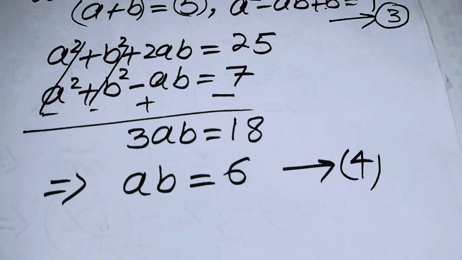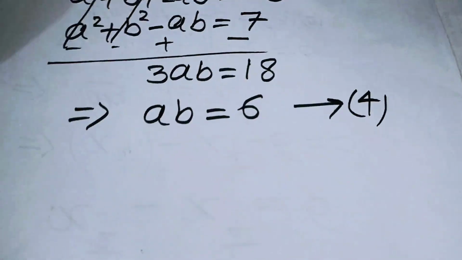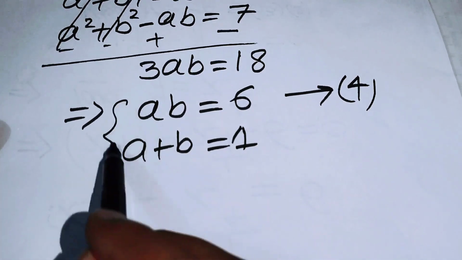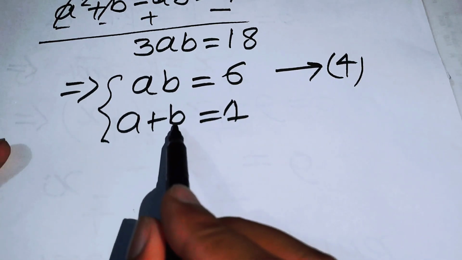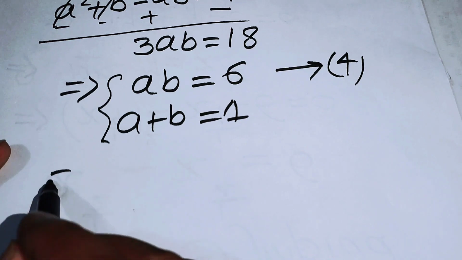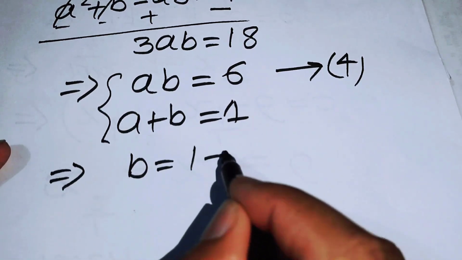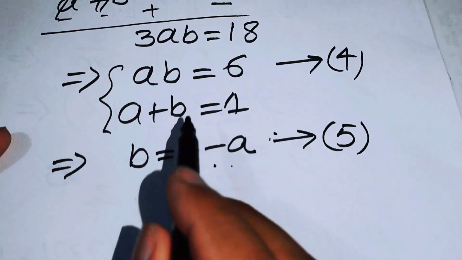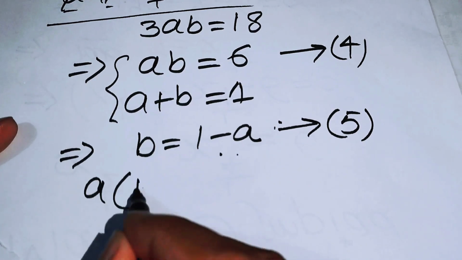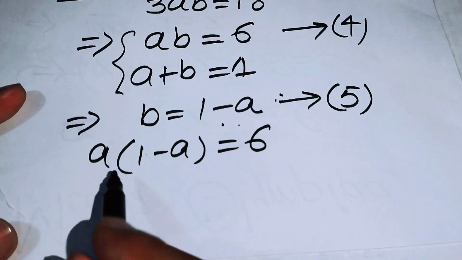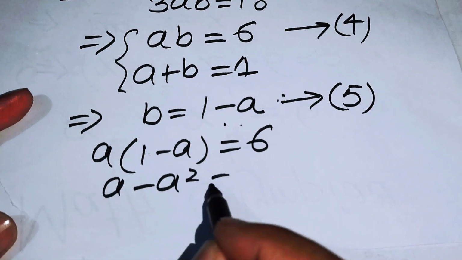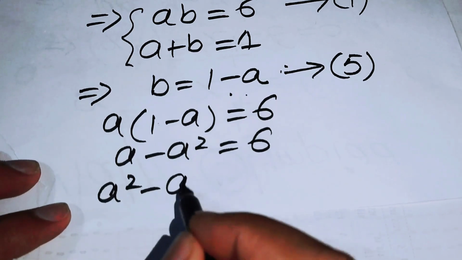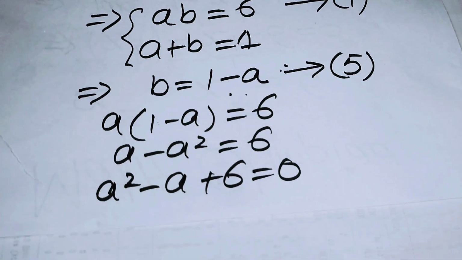So here you have equation number 1, a plus b is equal to 1. Now we solve these two equations. Here you can find the value of b as 1 minus a, and we put this value in equation number 4, so it becomes a times 1 minus a is equal to 6, and here you have a minus a square is equal to 6, and now we move all terms to one side, and you get a square minus a plus 6 is equal to 0.